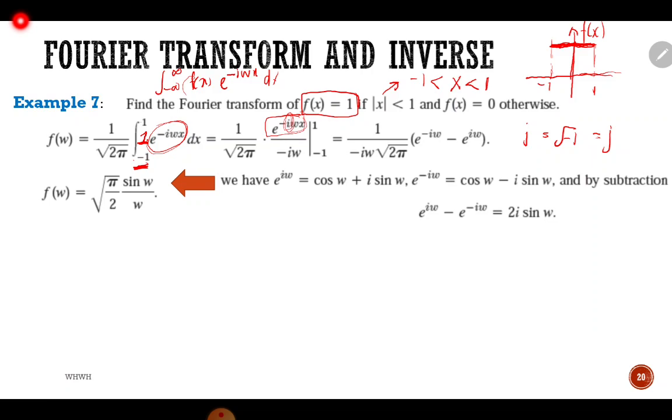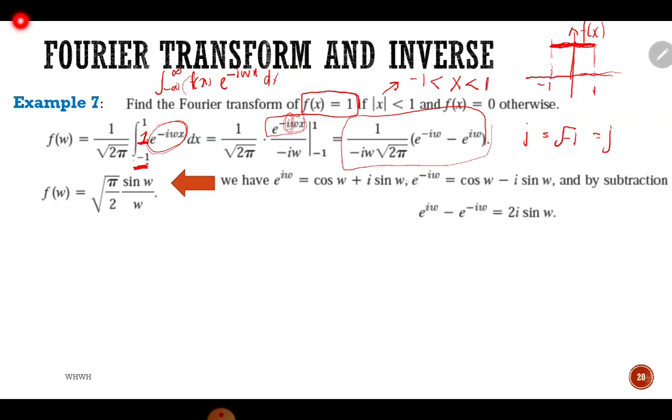And then when we substitute x equals 1 and negative 1, this is what we get, which is e to the power of negative i omega minus e to the power of i omega.